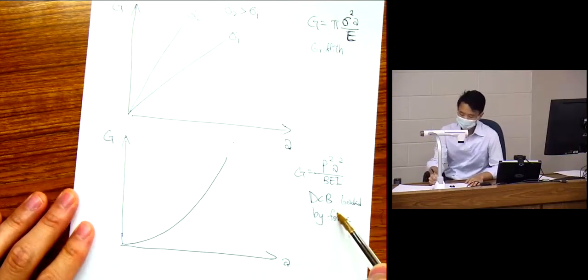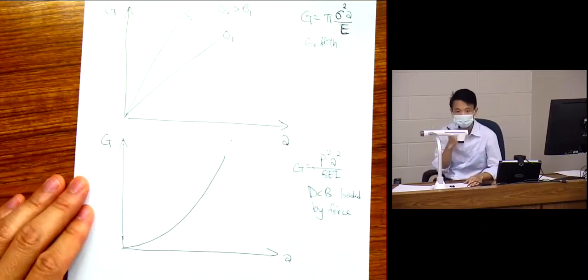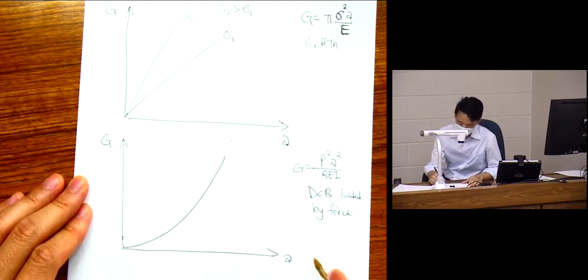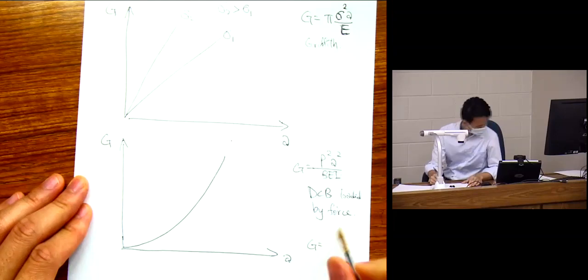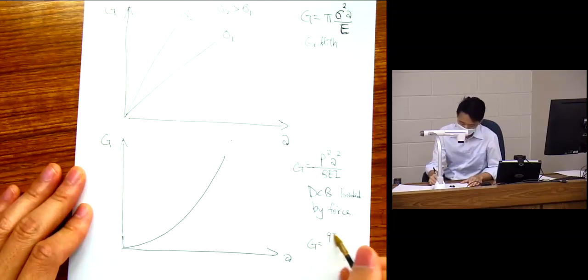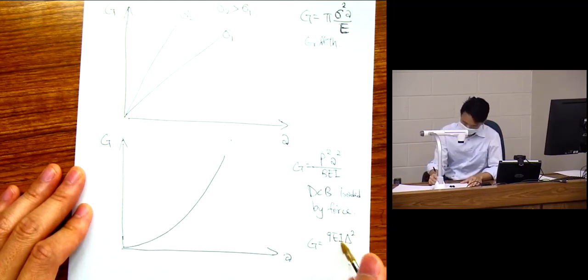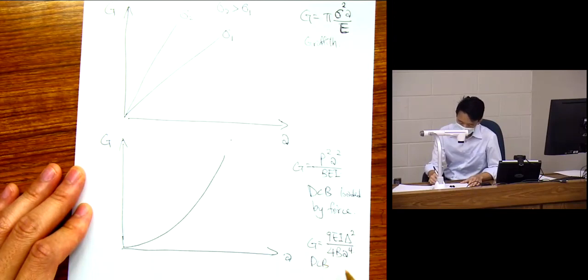And within the same DCB, you also get different loading, right? Because you can have a DCB that is loaded by a wedge, and that gives you a different curve. So this is DCB loaded by a wedge.